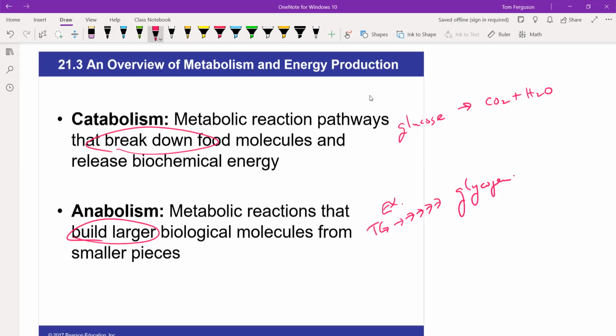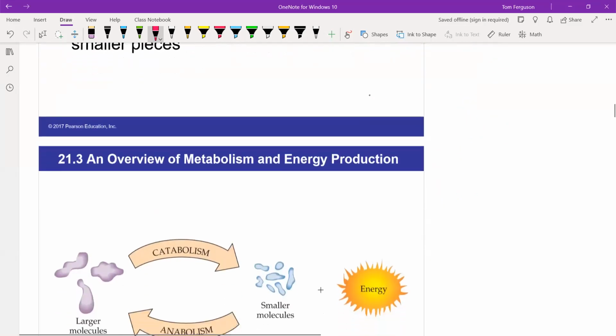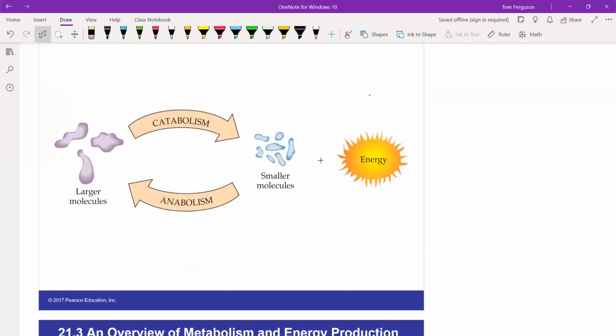So these two are used extensively in biochemistry. This is breakdown, and this is buildup. And energy can be on either side.